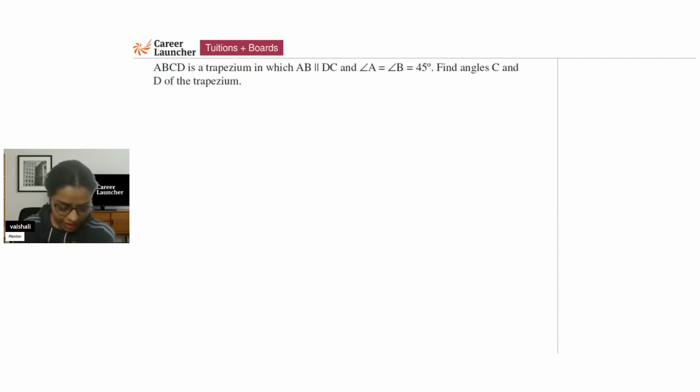Now take a minute and solve this question. Read this question carefully. It says that ABCD is a trapezium in which AB is parallel to DC and two angles are given to you. We need to find the angles C and D. So let's draw a trapezium. Right?